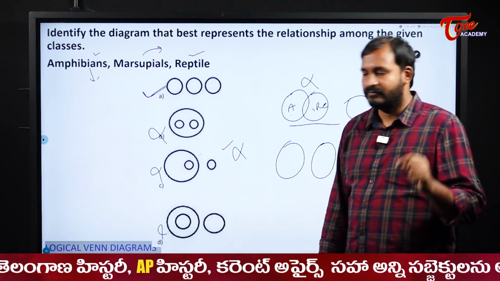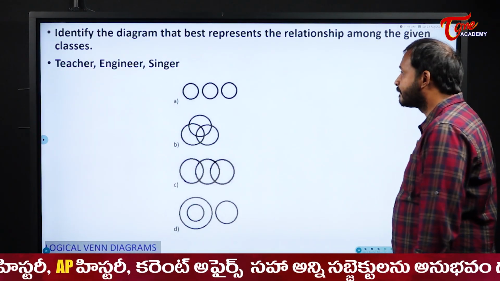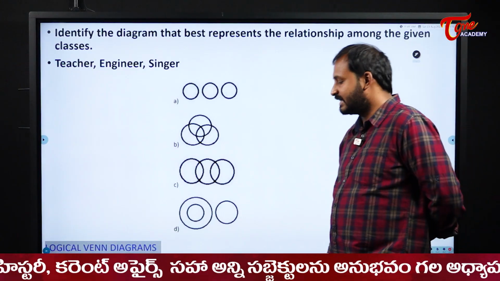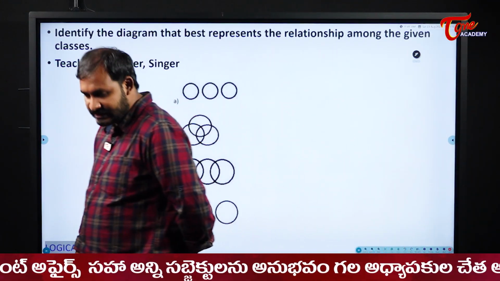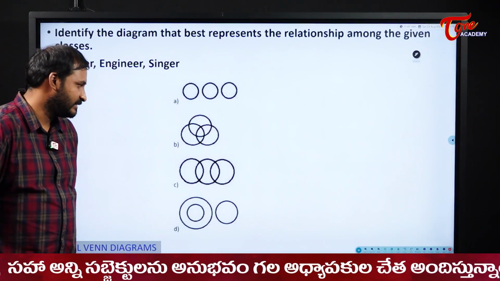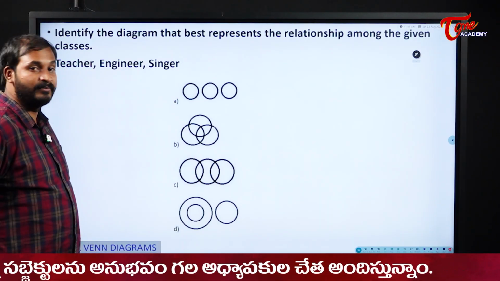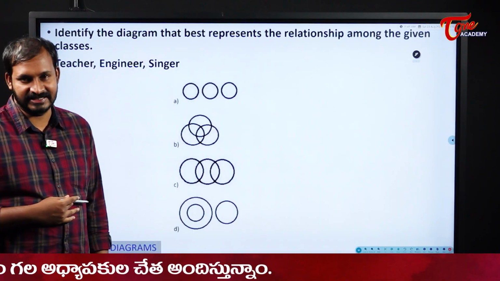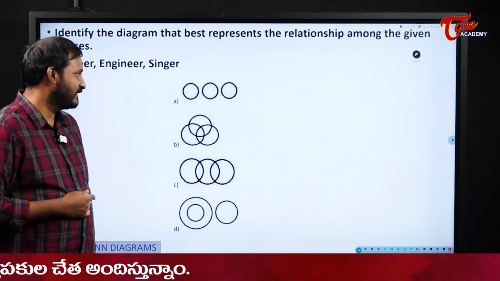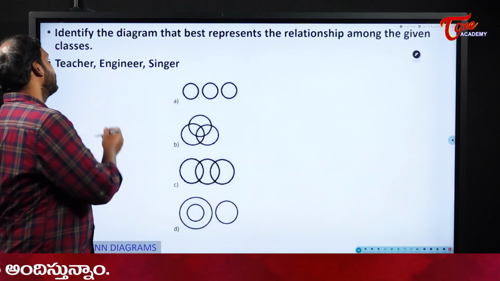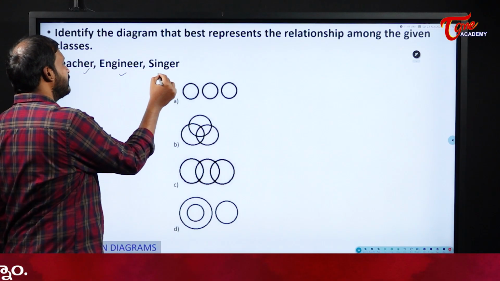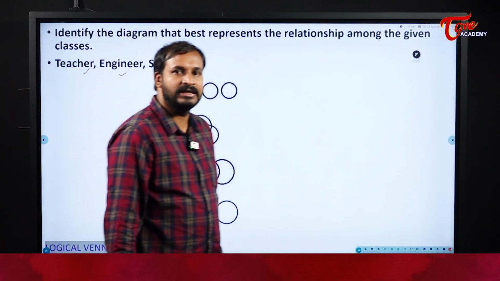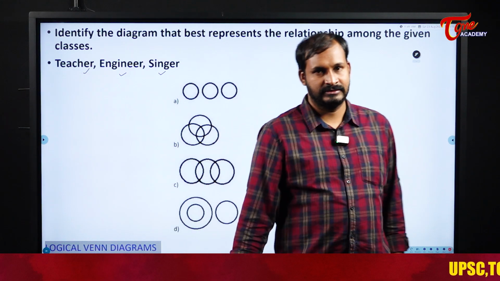So understood? Next one. Teacher, engineer and singer. Now we will have multiple doubts. Sir, a teacher can sing. Sir, an engineer can sing. Yes, we can tell. But here, with teacher, engineer and singer, we will not think of them as qualities.